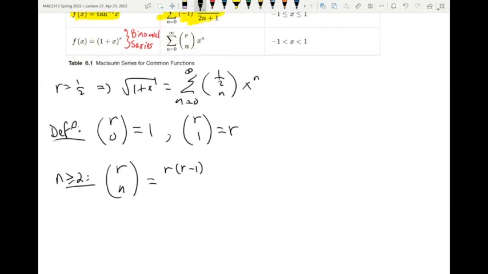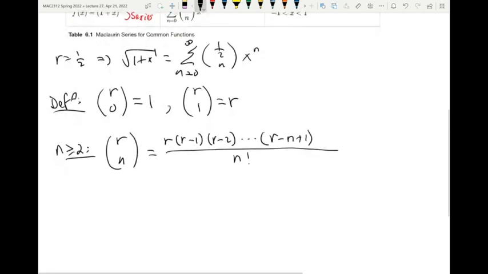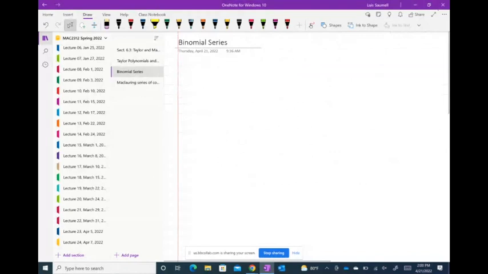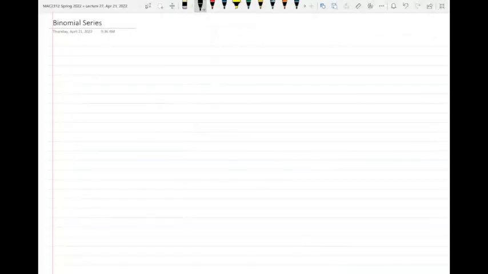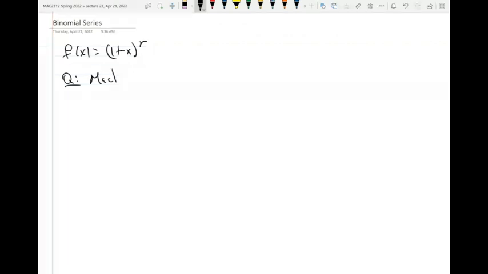This is r times (r minus 1) times (r minus 2), all the way up to one less than n, so that's (r minus n plus 1), over n factorial. That's how we define that. And if you give me a second, you will be able to see why this is the case. It's pretty easy to see why we're making that definition. And that's because we are interested in this function. If you have the function (1 plus x) to the r, the question is, what's the Maclaurin series?